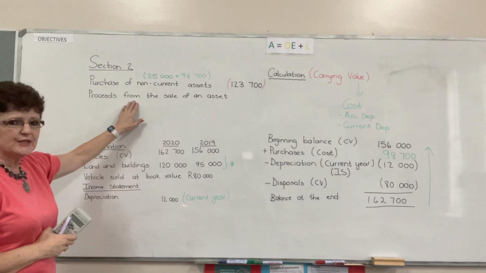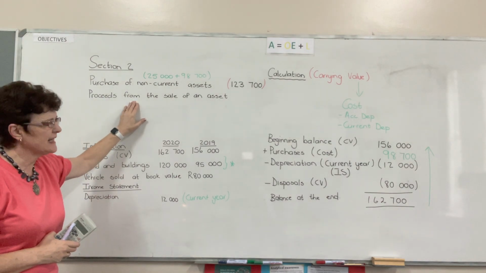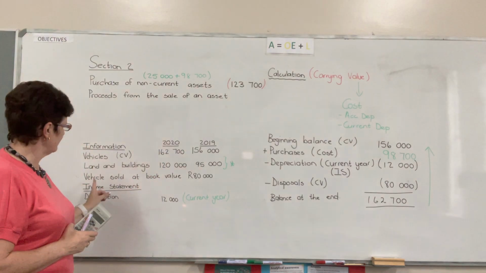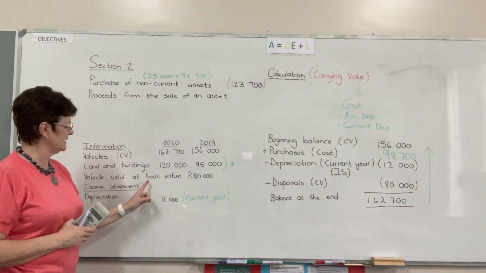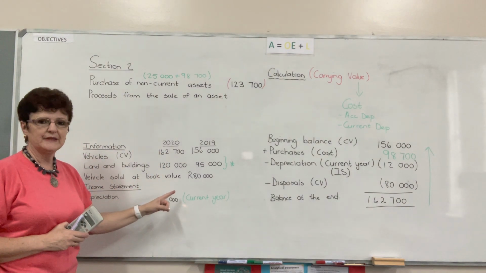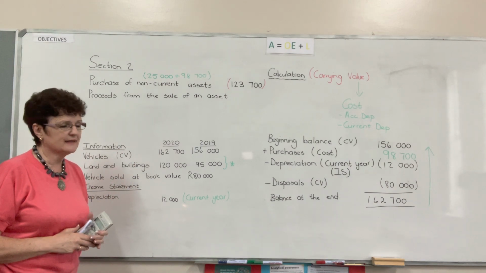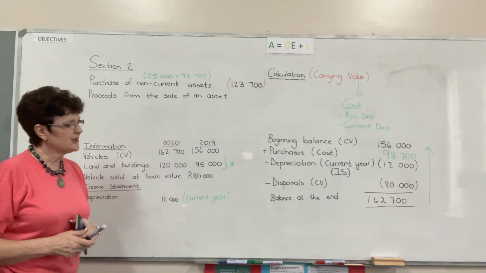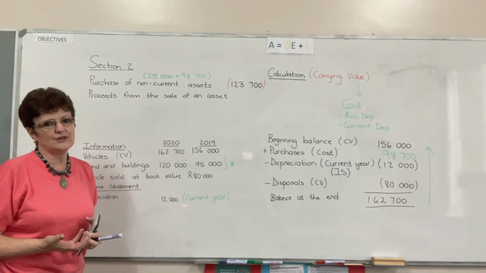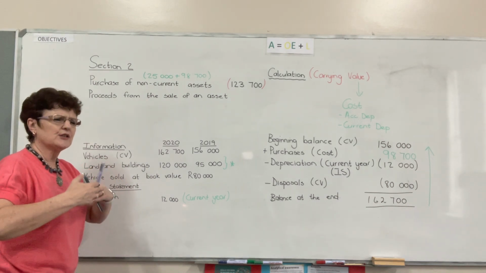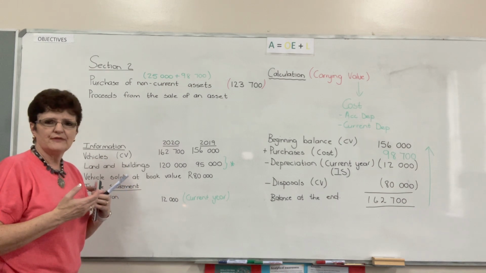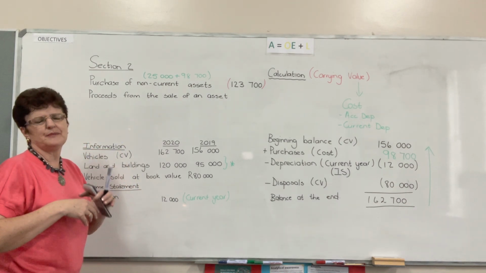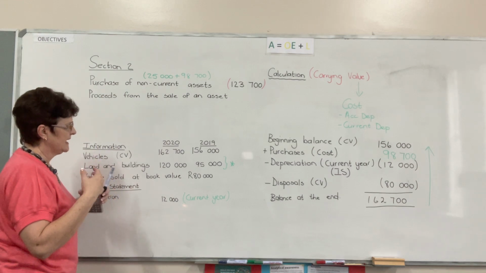Now, the proceeds from the sale of an asset, we didn't have to calculate it here, but it was given to us. The vehicle was sold at book value for 80,000 rand. So if the book value is given to you, it means that whole process of original price, cost price, minus accumulated depreciation, minus depreciation has been done.